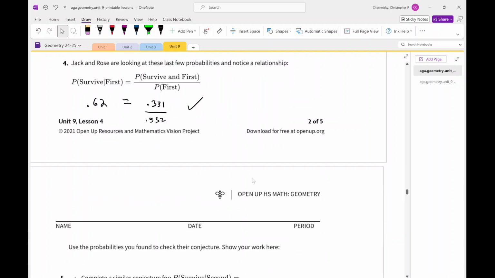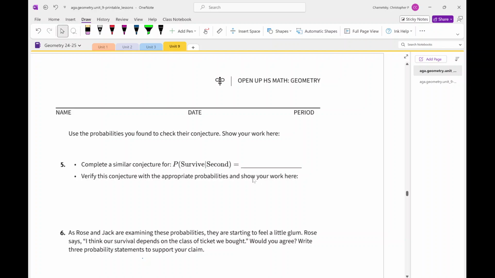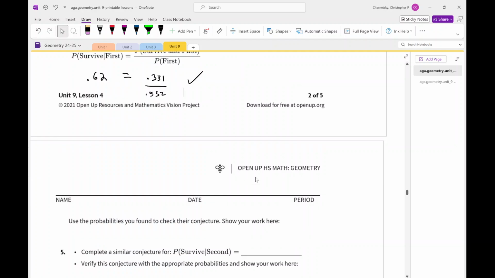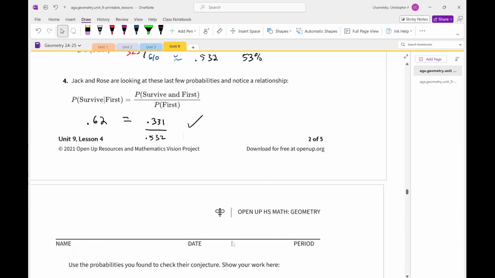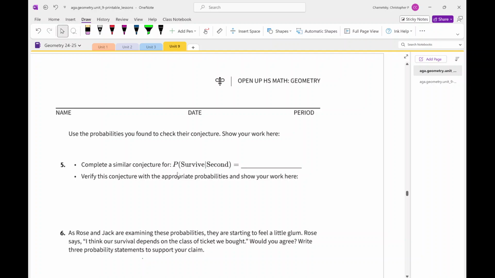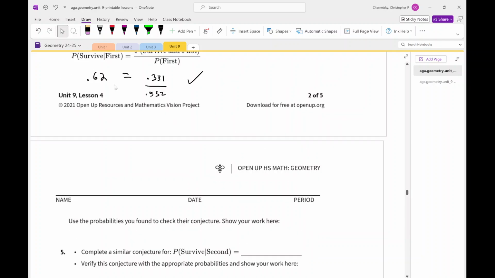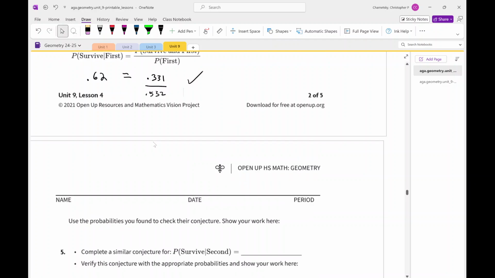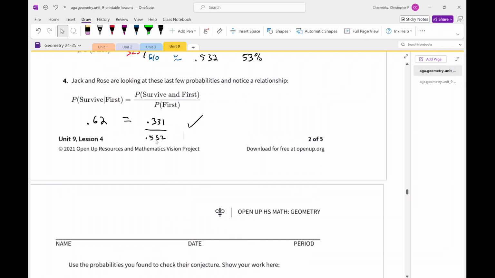Okay. Number 5, you will do a similar conjecture, but you're going to be working with survival and second. So you're going to basically replace the first with a second. Okay, and that should give you the same relationship.